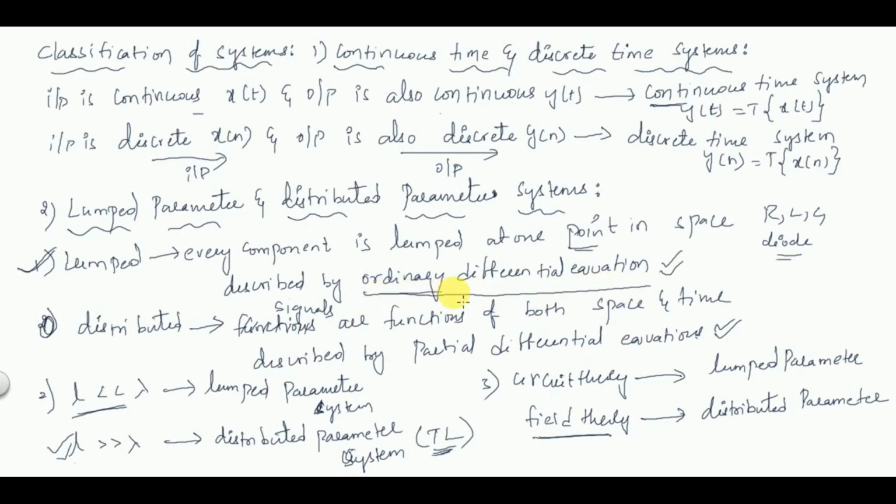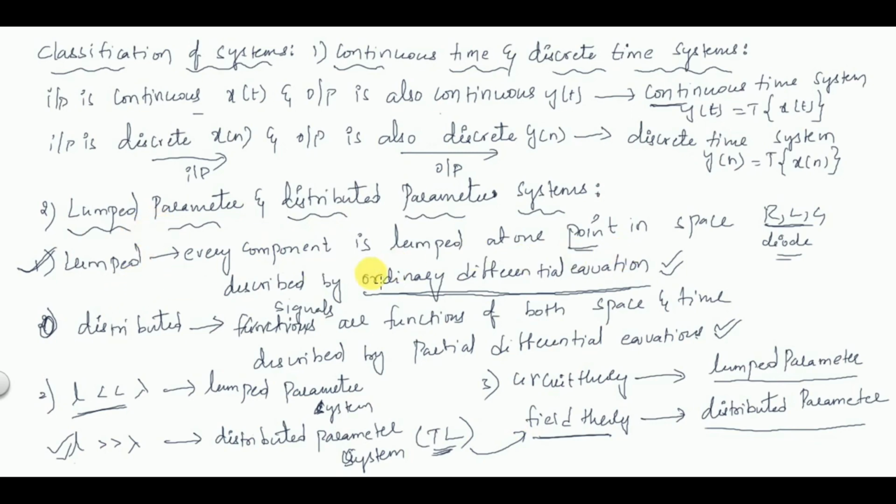Ordinary differential equations, example is network theory. So circuit theory is used for lumped parameter systems, that is network theory, which consists of all the passive components and some active components. Similarly, field theory is used for distributed parameter systems like transmission lines. Transmission lines are the best example for a distributed parameter system, and normal circuit theory is the example for a lumped parameter system.